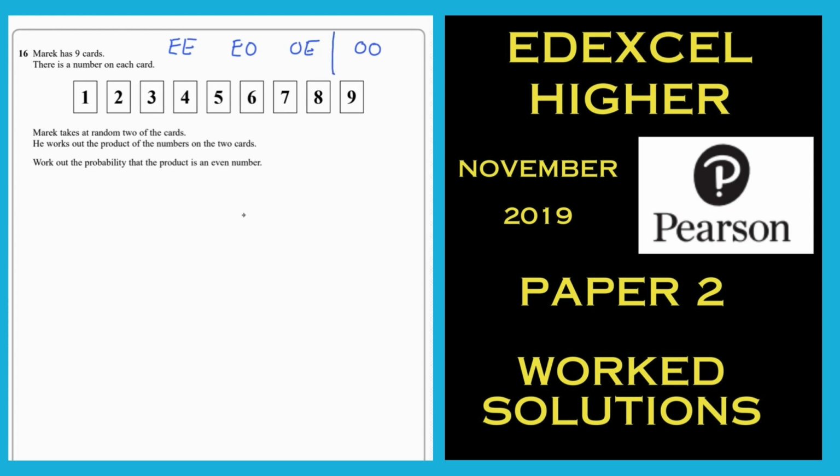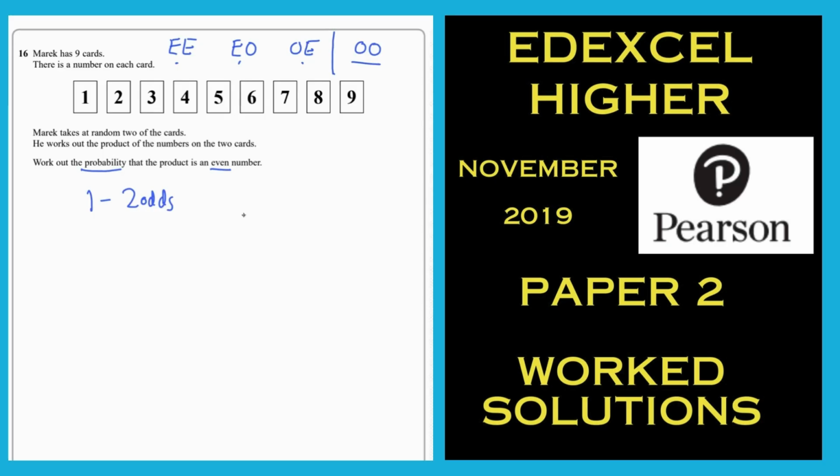You can either find the probability of these 3 and add them all up, or, as I'm going to do, even though it wants the probability of an even number, I think it's going to be easier to find the probability of an odd and just do 1 minus it.